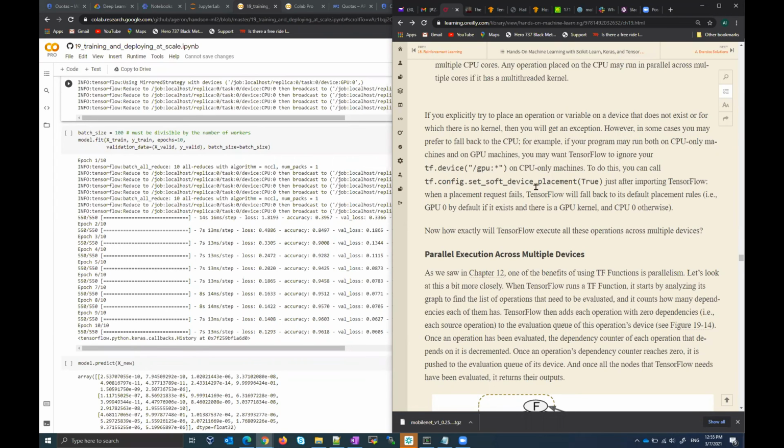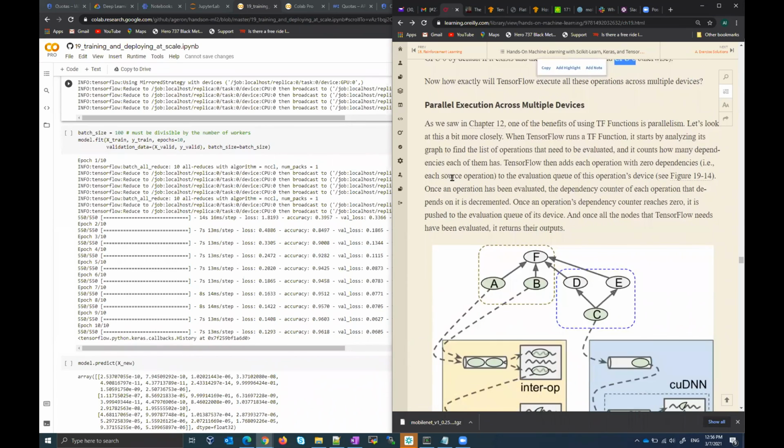Multi-GPU support is there, but multi-CPU, I don't think so. They might have totally ignored it. Yeah, maybe TensorFlow considers every CPU as one bunch, with everything under there. Yeah, that might be the case.